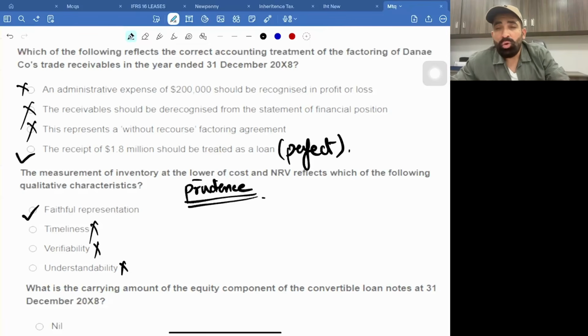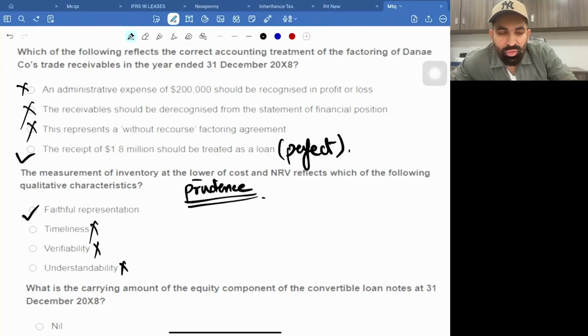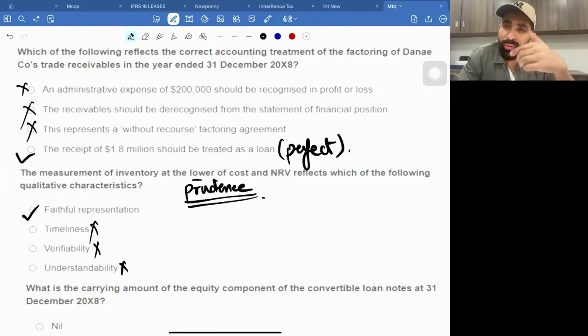You can even think over it. Hope you remember there is a concept called substance over form, a very famous concept. Substance over form is also an attribute of faithful representation, because in substance over form you record the transaction on economic reality, not legality.